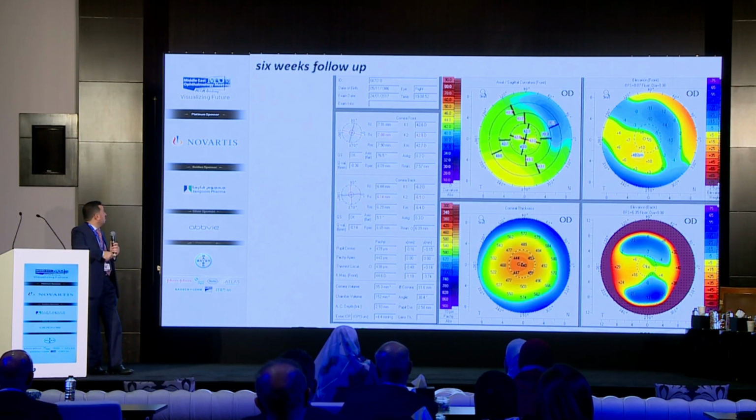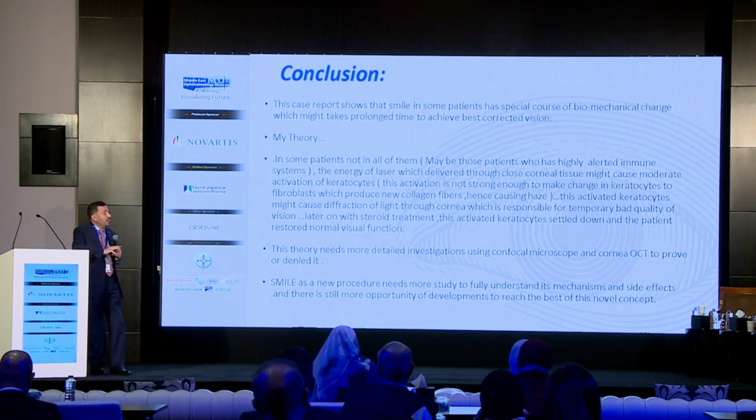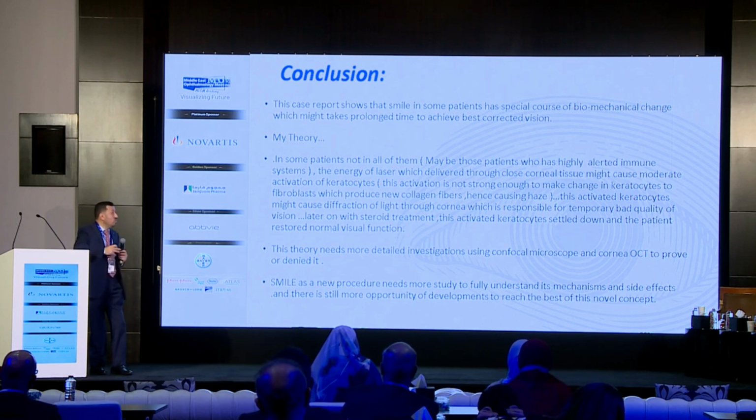Of course, this is after a 6-week follow-up. My theory was, in some patients, the energy we are using during creating the flap and the manipulation might cause some keratocyte activation. These activated keratocytes are not activated severely enough to produce a haze, but it's still bright.